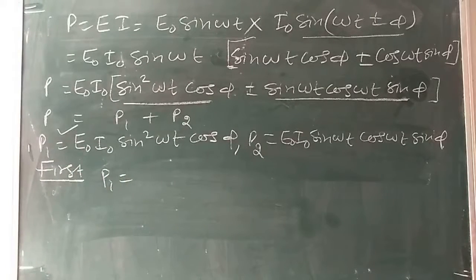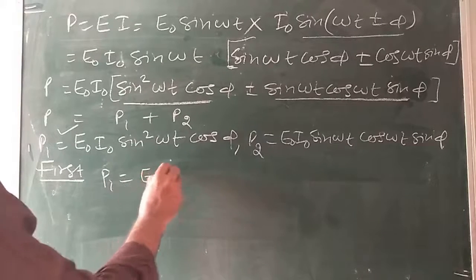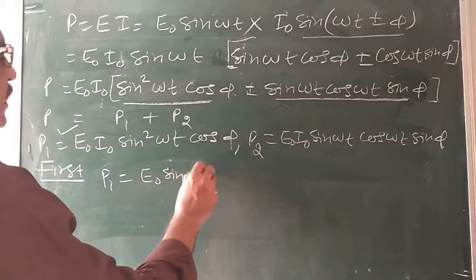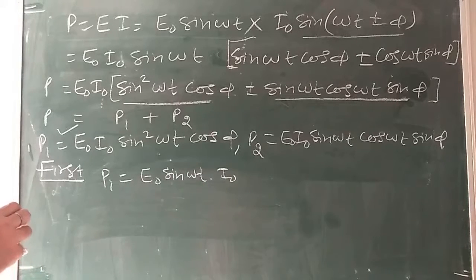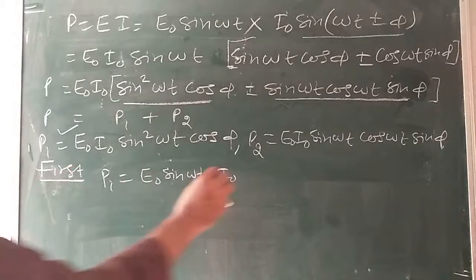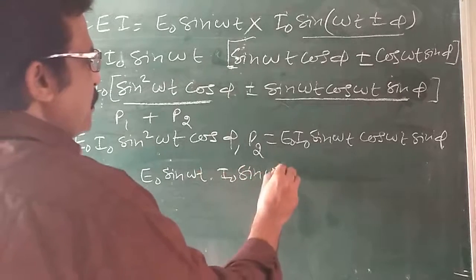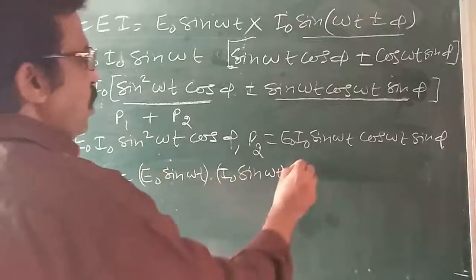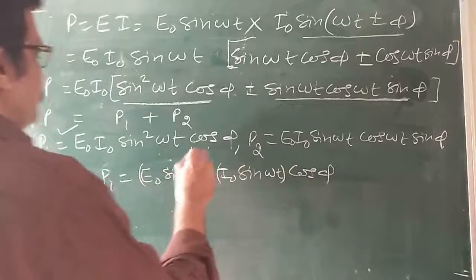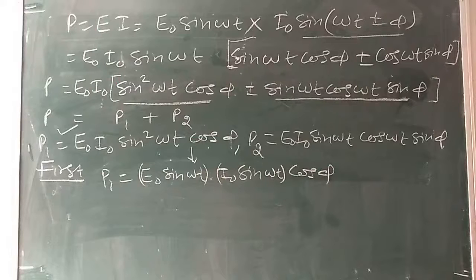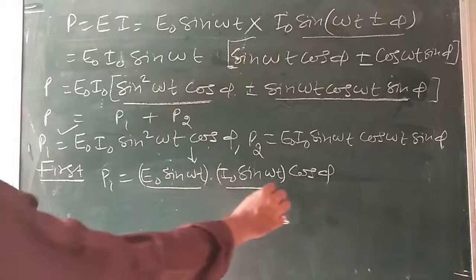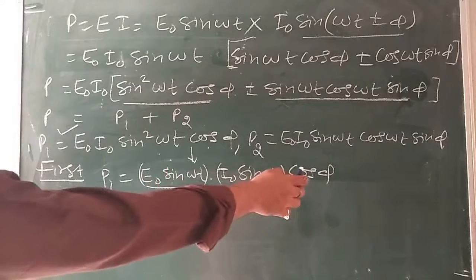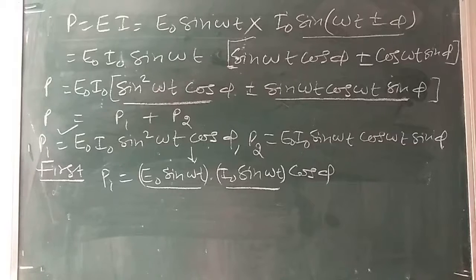That is, P1 is equal to E naught sine omega t times I naught sine omega t cos phi. Here, this term. So what we are getting in this part of the power: EMF and current I naught cos phi sine omega t, both are in the same phase.